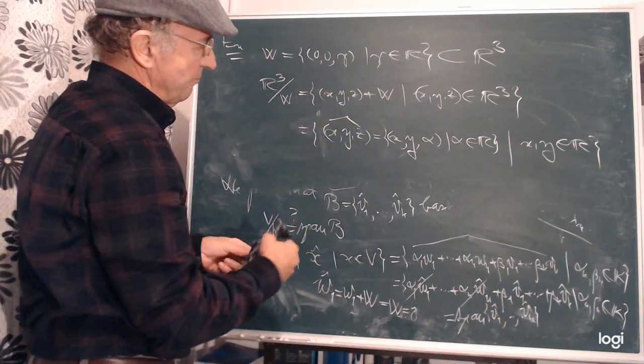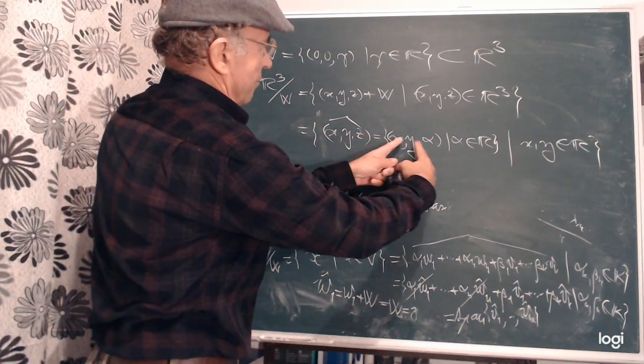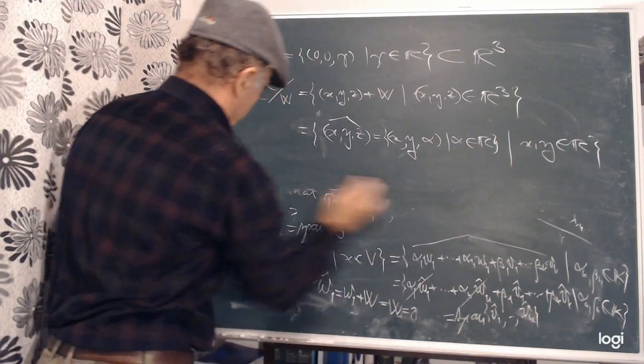So on the first positions we have x, y, and the last one is arbitrary.